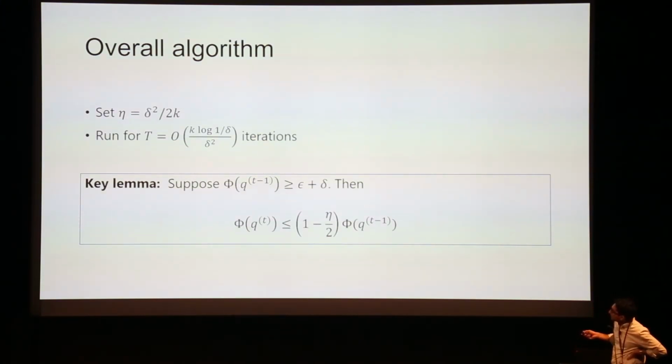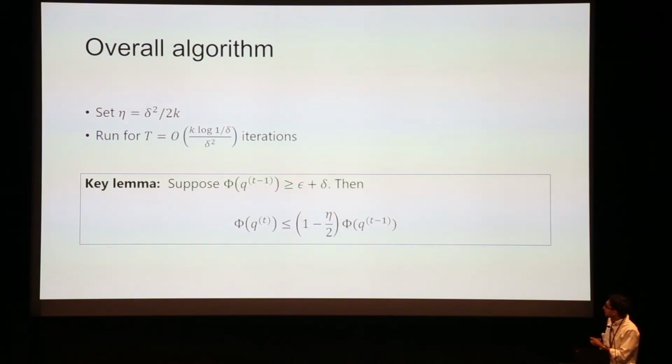And the main lemma that helps us analyze this, which is what comes out of carefully choosing this potential phi, is that as long as your potential is large enough, more than some quantity like epsilon plus delta, then the potential always reduces in each iteration. Okay? So this is what we usually would like to show in a Frank-Wolfe type algorithm.